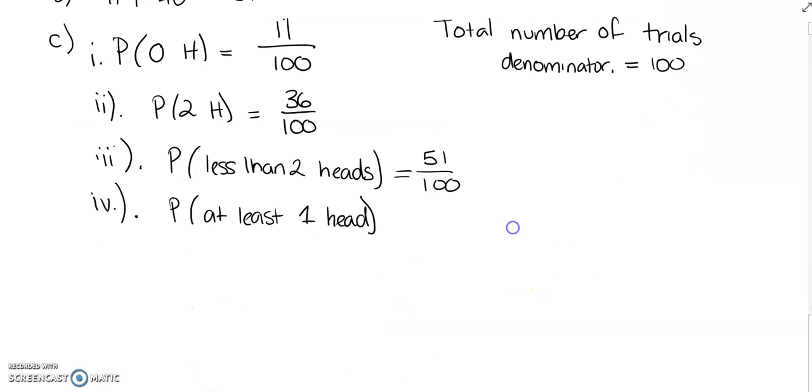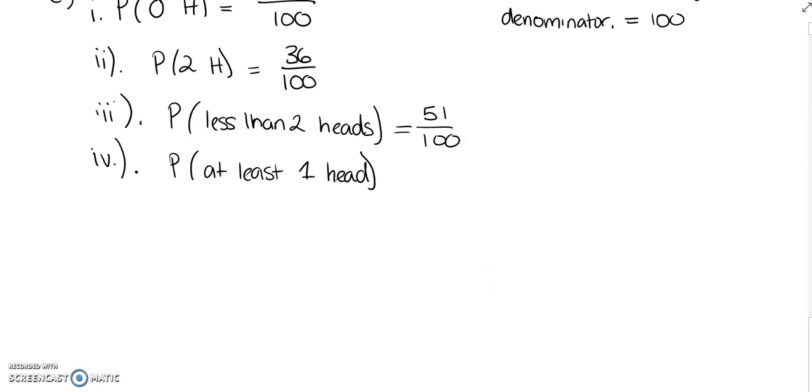If I want to work it out as everything but 0, I'll look at my total minus 0. My total was 100 and my score for 0 was 11 times. So therefore I must have 89. So I can do 89 over 100.